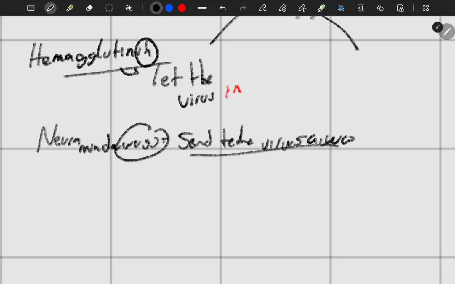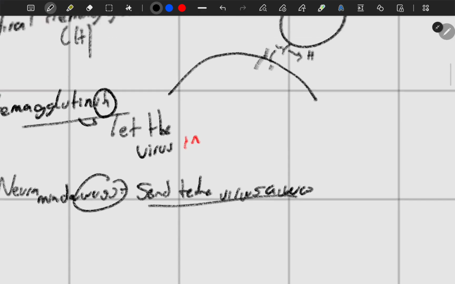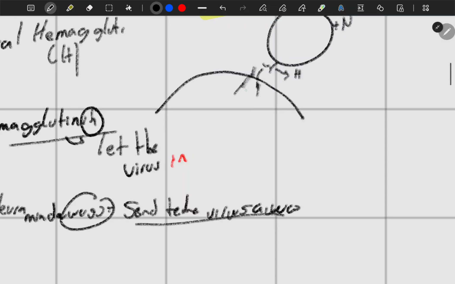Then we have this acidification in the endosome. It's important to recognize this acidification and the proteins that are on the surface. Upon acidification within the endosome, the hemagglutinin undergoes a conformational change, uncoating the virus and releasing the viral RNA into the cytoplasm, like I was telling you before.